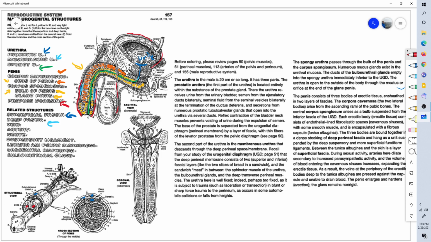So deep within the corpus cavernosum, we have a deep artery, as we can see right here. And here again, artery.